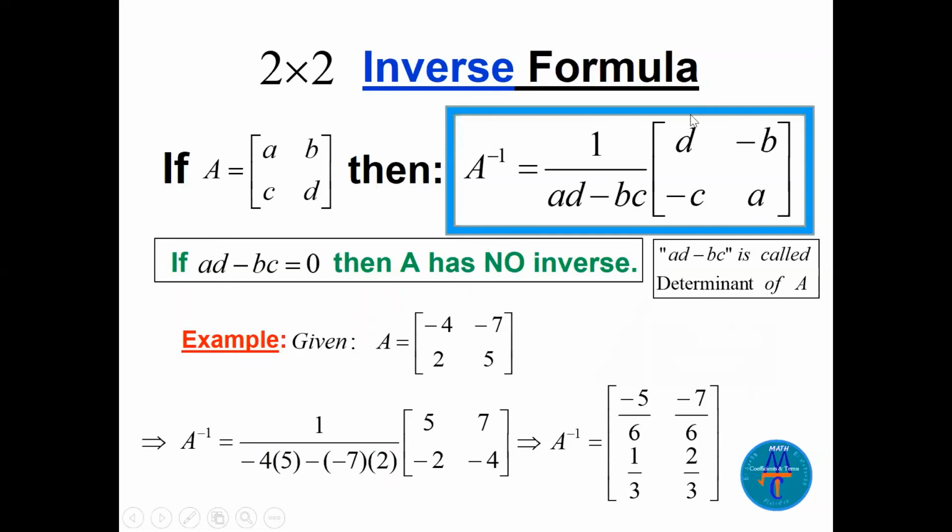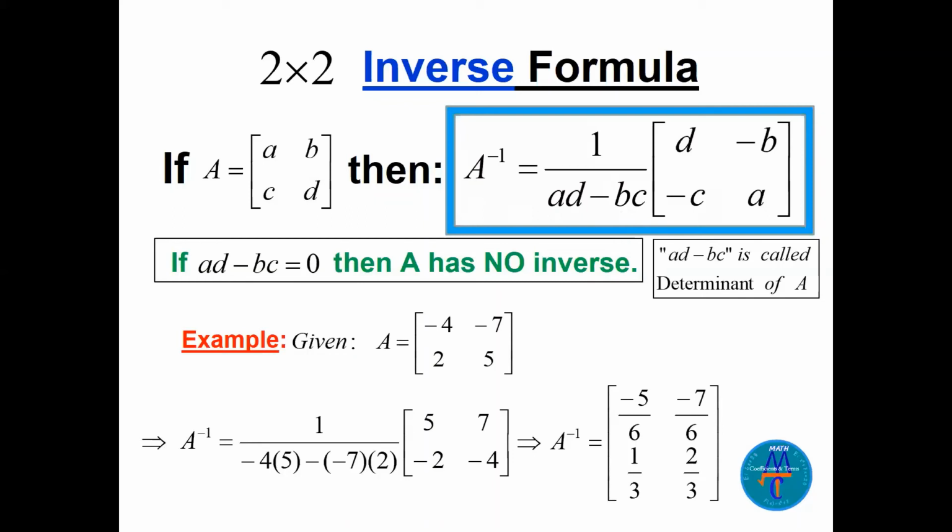1 over, you have to remember this carefully, 1 over AD minus BC, and then switch the main diagonal. You see, we have AD, this is given, it becomes DA. Remember, switch the main diagonal. Multiply the other diagonal by -1 and leave the numbers.